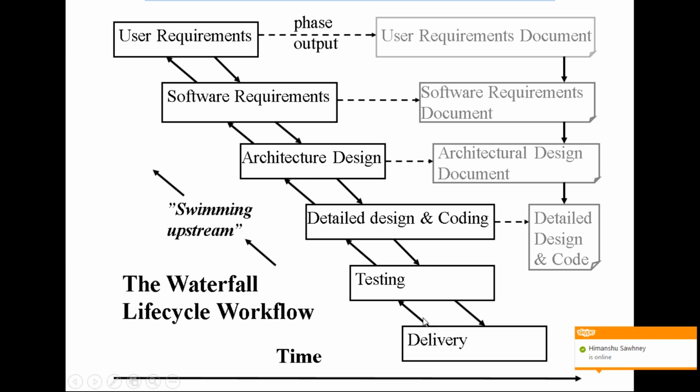So if I say there's a design, I will very easily be able to say where the issue has gone. So say suppose I have done a requirement and I have tested it. Now in this model, I'll find out where the exact issue is. So that's the advantage of having the waterfall cycle.